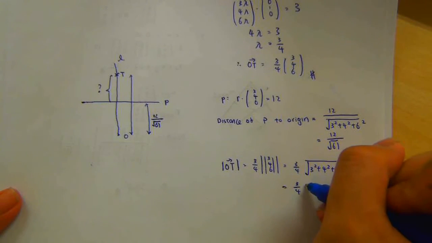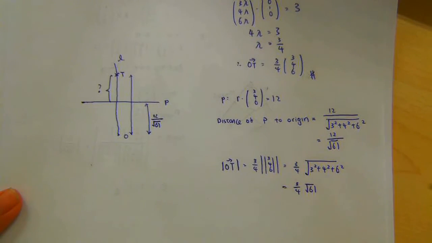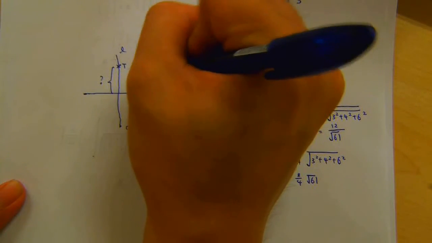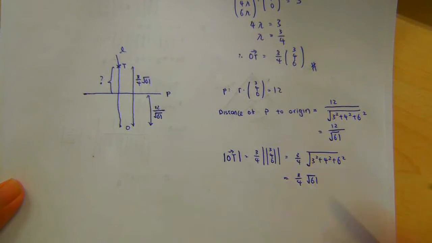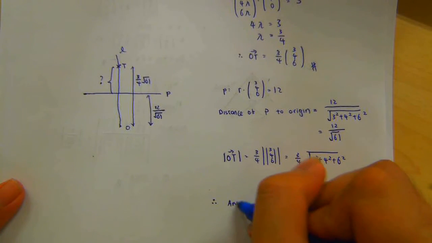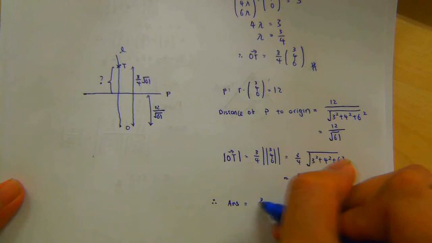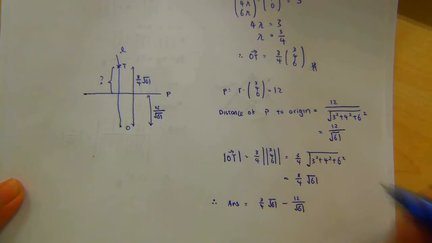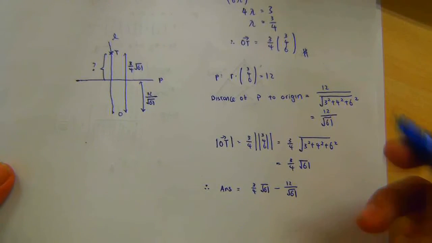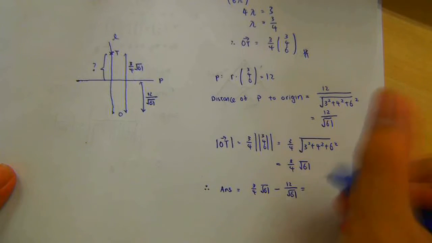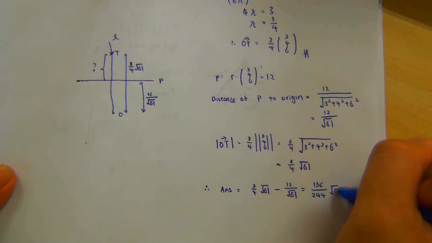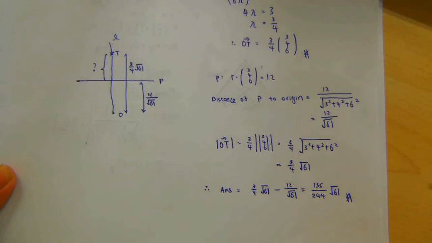This will give us 3/4 square root 61. Therefore now we can solve for our distance between T and P by subtracting one from the other. This will give us 135 over 244 square root of 61. That's it for part 3.